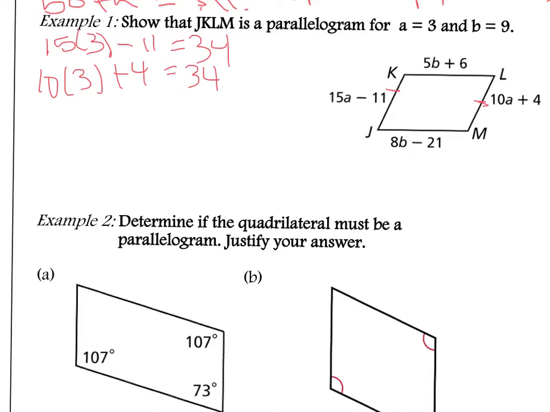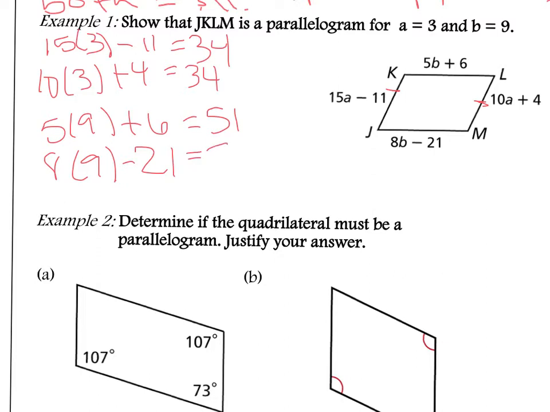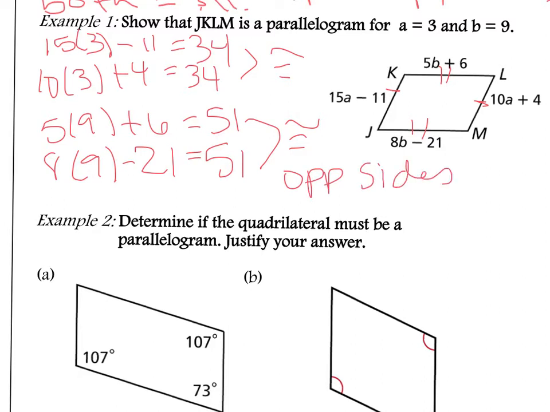So those two are congruent. 5 times 9 plus 6 is 51. 8 times 9 minus 21 is 51. Okay, so these two sides are also congruent. So now we write those same statements that we were writing yesterday, we just write them in reverse. Opposite sides are congruent, therefore it's a parallelogram.